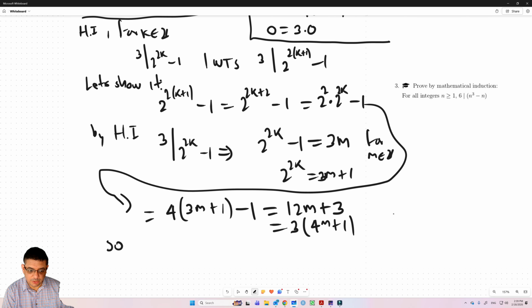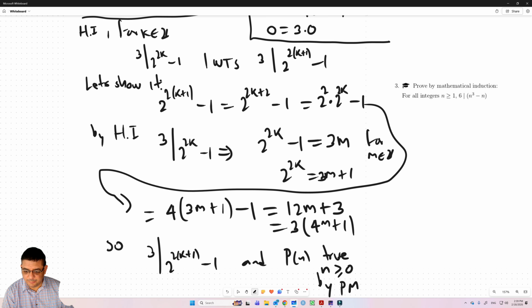So 3 divides 2 to the 2(k+1) minus 1, and P of n is true for n bigger than or equal to 0 by the principle of mathematical induction.